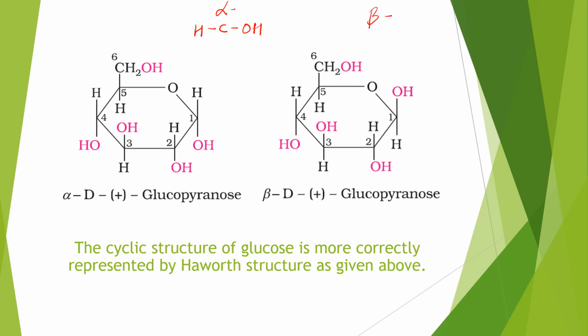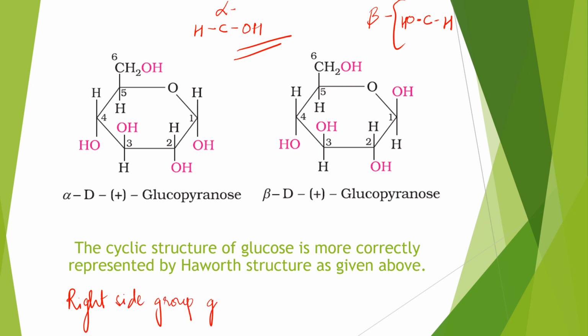And in beta form we saw that the OH group is on the left side and H is on the right side. So whatever is on the right side, it goes down. This is the rule. Right side group goes down in the structure representation. This is the rule.